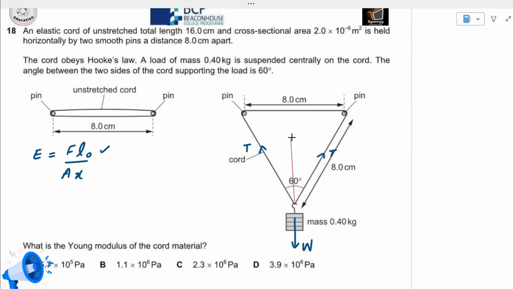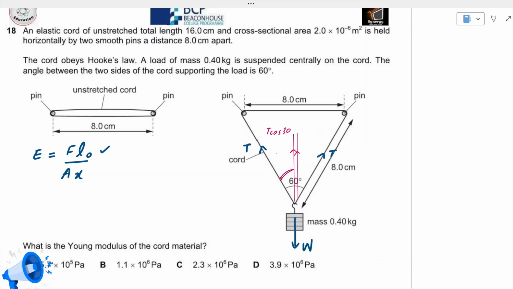So one component of T would be over here, the other one would be over here. Likewise for the second one, the tension on the string on the right side, one component would be over here, the second one would be over here, but these two would cancel out, so we don't even need these two. So the one at the top would be T cos 30.